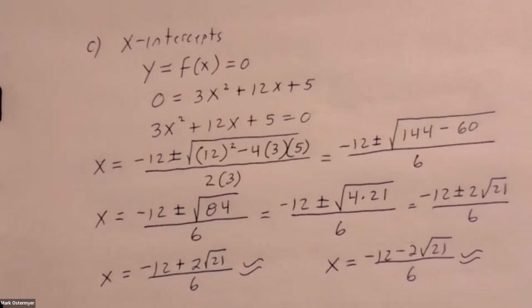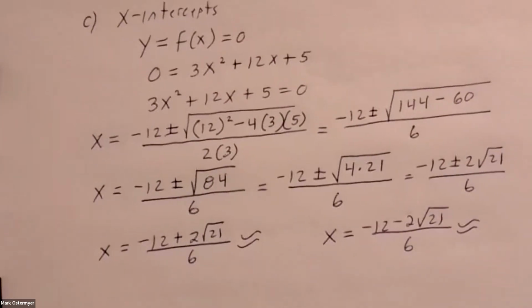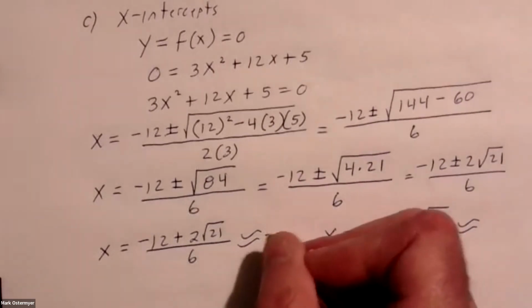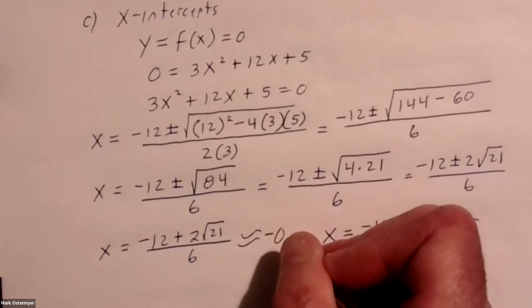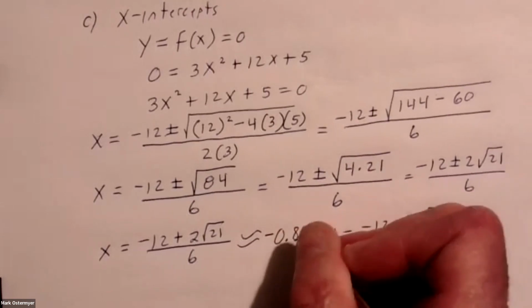And let's see if we can approximate these, see what they are. So we've got negative 12 plus 2 times the square root of 12, divided by 6. So this first one I get approximately about negative 85/100.